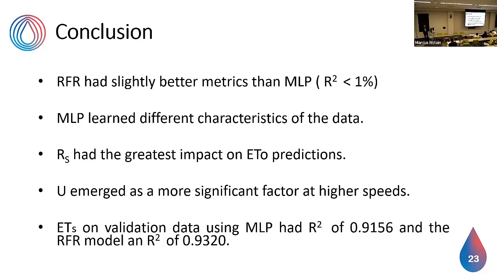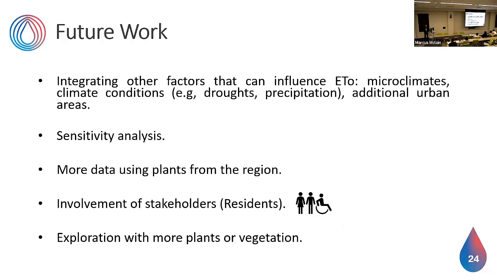And we know that the solar radiation has the greatest impact on the model, and also wind speed becomes a more significant factor at higher speeds. And we know that both models perform very similarly on validation data.